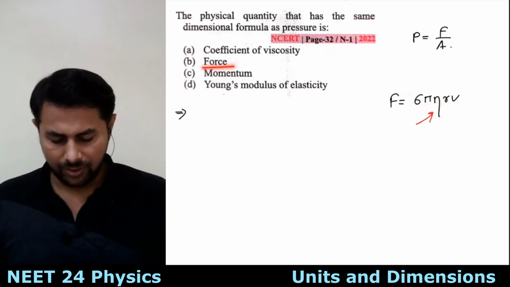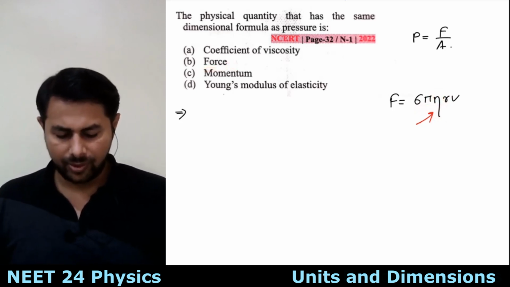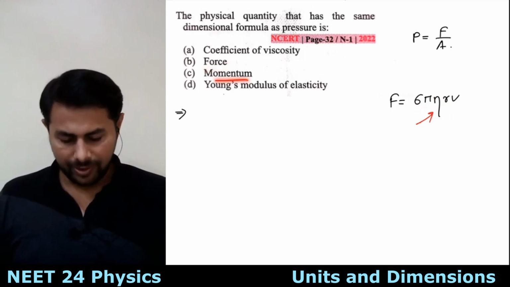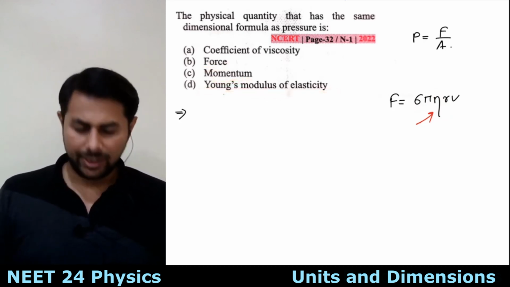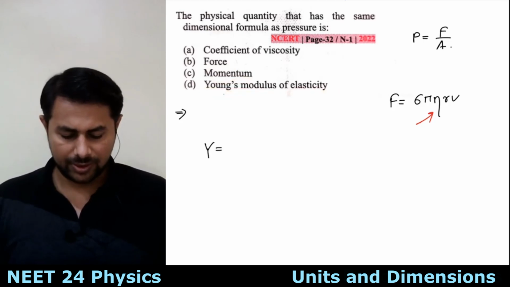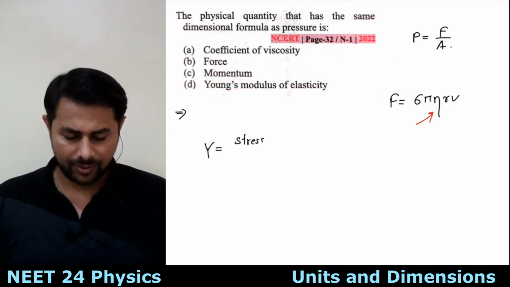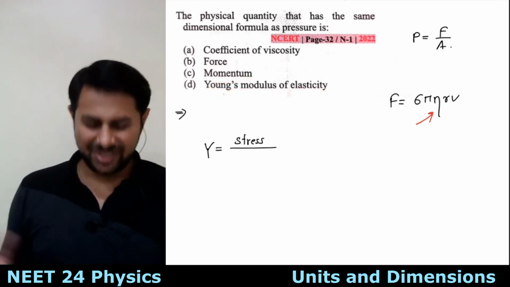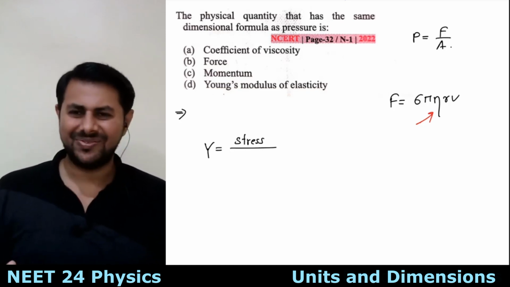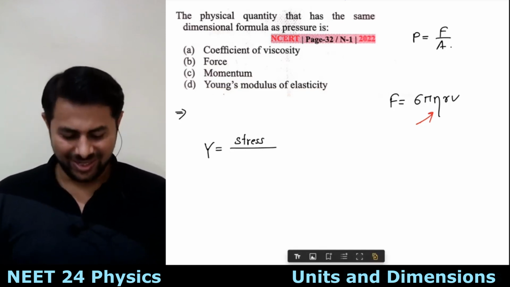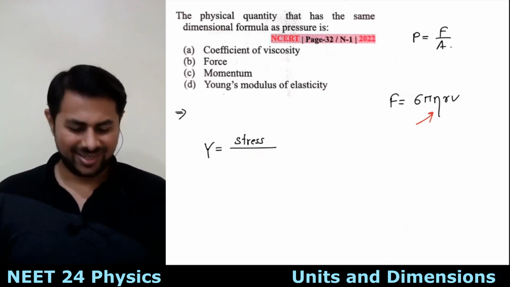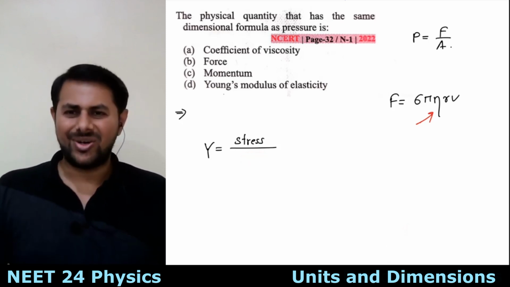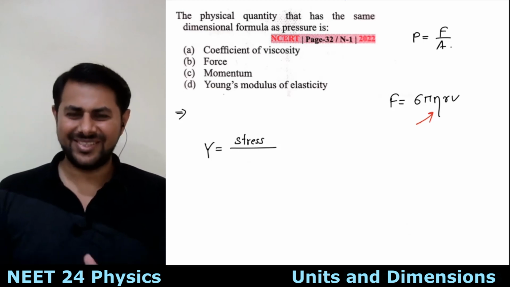Good. Then you have force. Then you have momentum, and then you have Young's modulus of elasticity. So Young's modulus is the ratio of stress to strain. Now this is a little bit difficult to explain, because we are just starting this chapter and the formulae from all over physics will come in this chapter only, because we are studying dimensions.